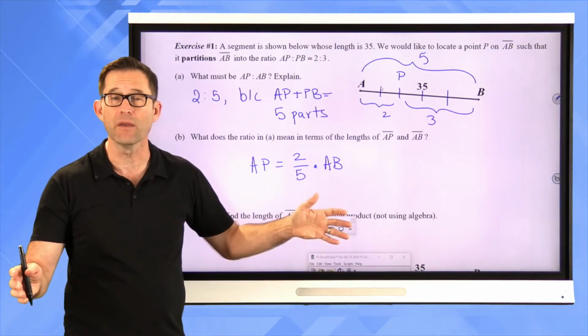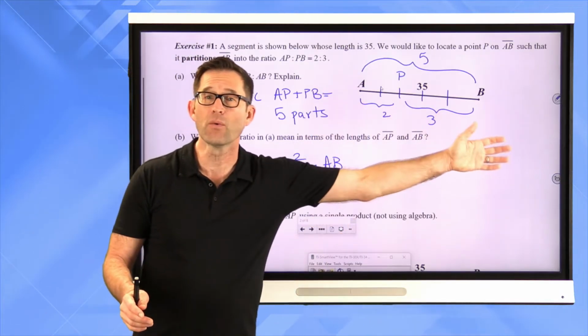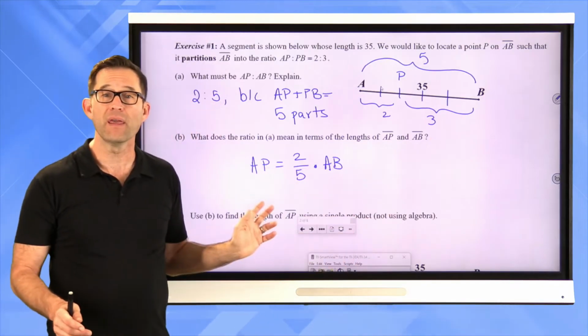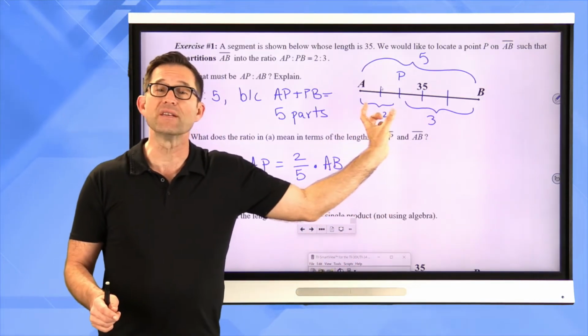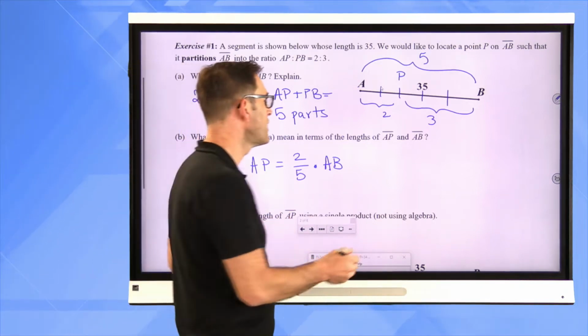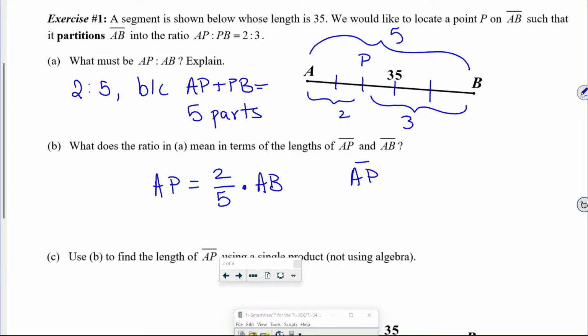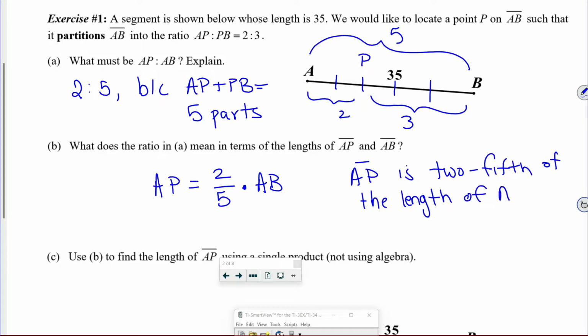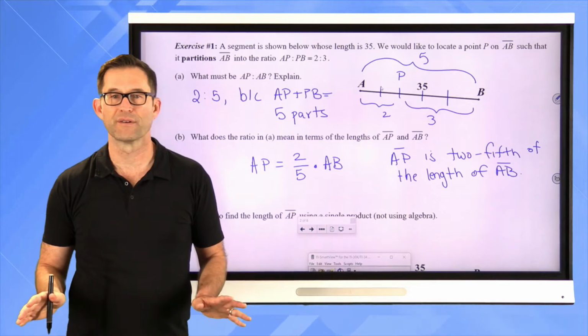So if I take AB, I break it into 5 equal parts, then AP represents how much is in 2 of those parts. Really, really important to this, right? So AP is 2/5 of the length of AB. All right, really, really, really important.